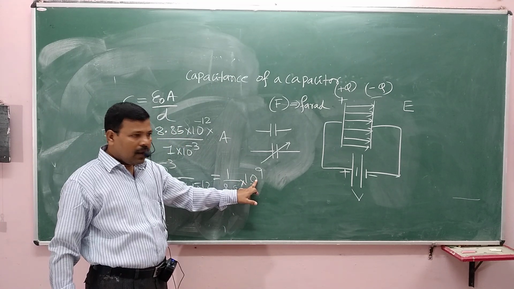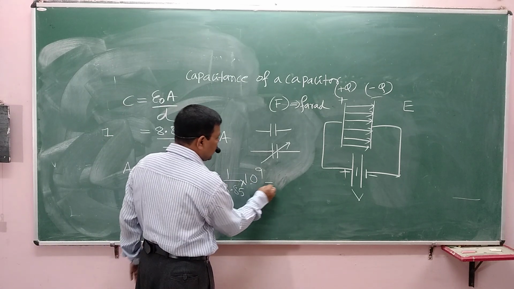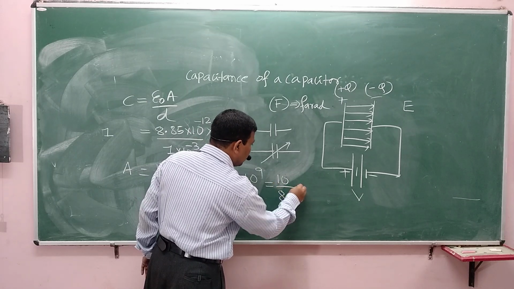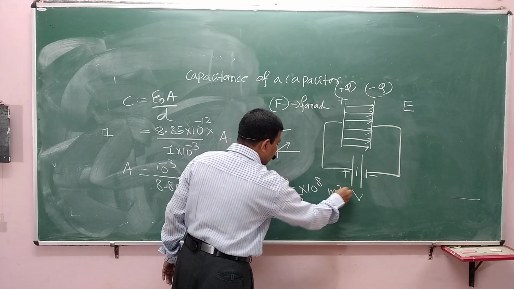You borrow one zero from 10 raised to 9, what you get is 10 by 8.85 into 10 raised to 8 meter square.